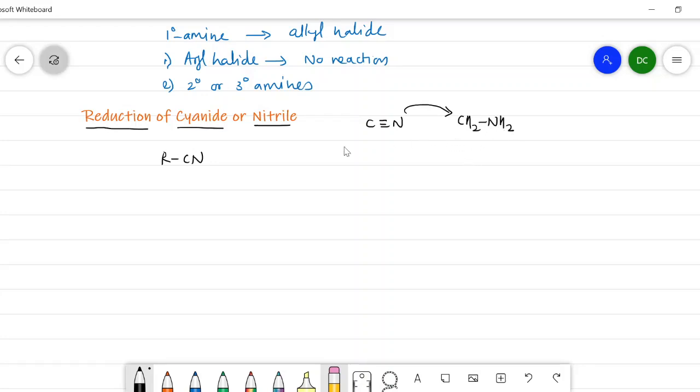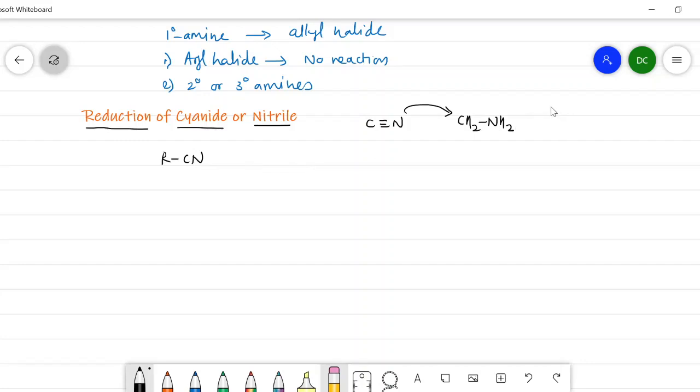For that purpose, we have to use a reagent such as hydrogen in presence of a metal catalyst such as palladium, platinum, or nickel. In addition, we can use lithium aluminum hydride as a reagent, which can convert a nitrile or cyanide into the corresponding amine.